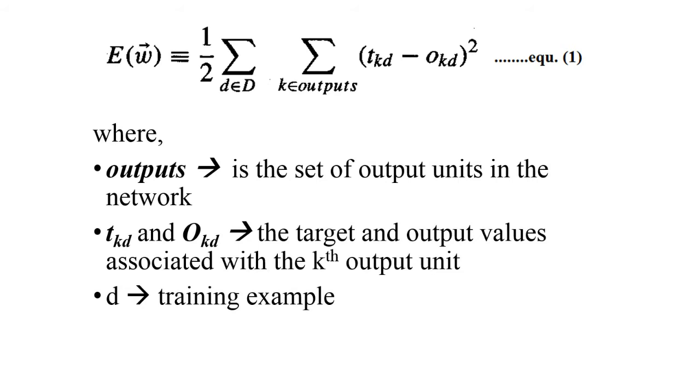Outputs is the set of output units in the network. t_kd and o_kd are the target and output values associated with the kth output unit. Small d represents training example.